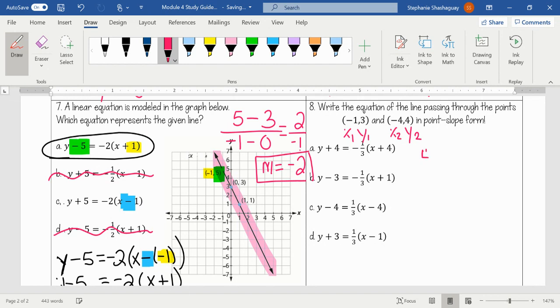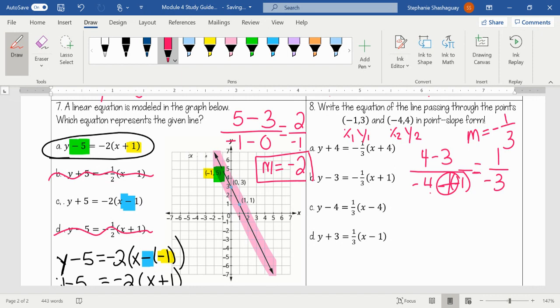So we're going to do 4 minus 3 over -4 minus a -1. Okay, 4 minus 3 is 1. -4 minus a -1, well, that becomes a positive. Okay, so -4 plus 1 is -3. So that means that my slope is a -1/3.